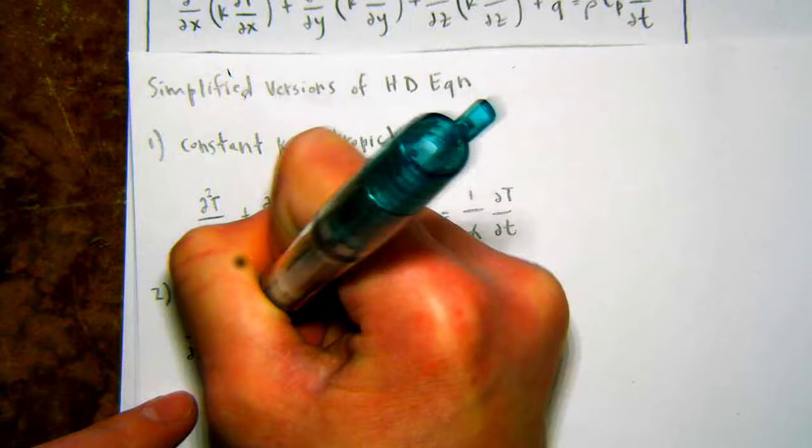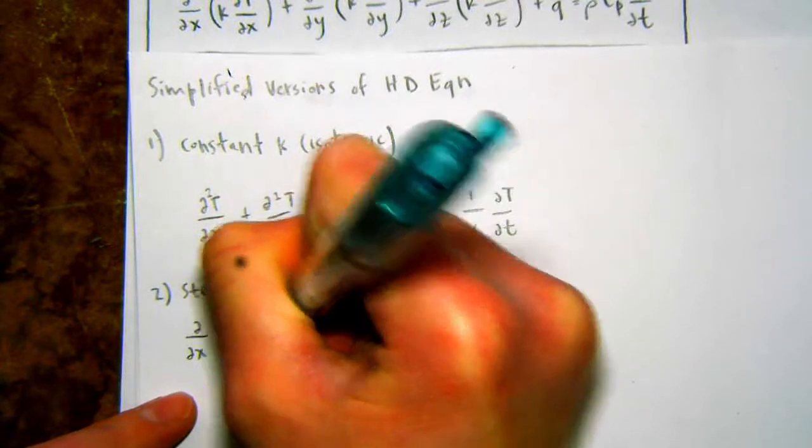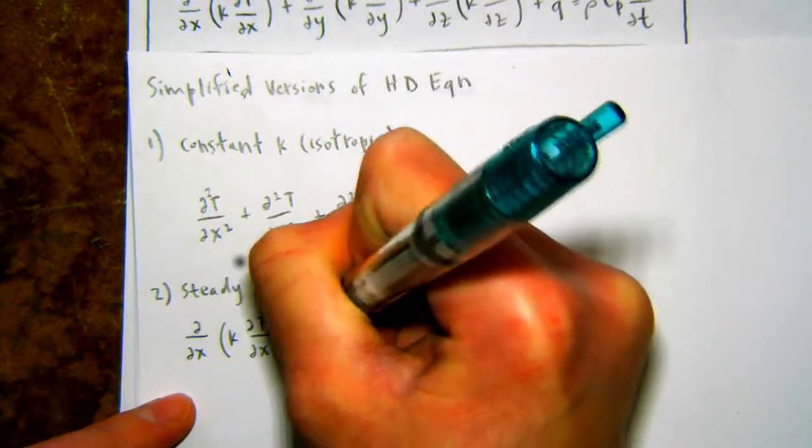So we'll have our K inside the parentheses here because we're back to assuming that it's not isotropic, and we're just assuming steady state.